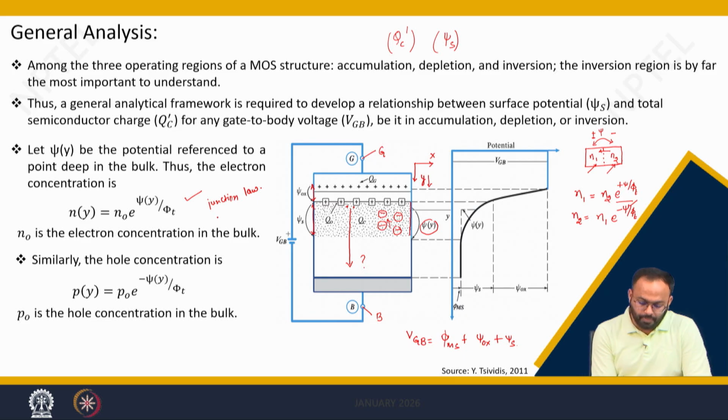Following the same, we can write the concentration of holes at the surface, which is given by py equals p naught exponential of minus psi y by phi t, because the hole concentration near the surface is decreasing based on applied gate voltage, so it is a minus exponent. Now what is the total charge density here in this region?